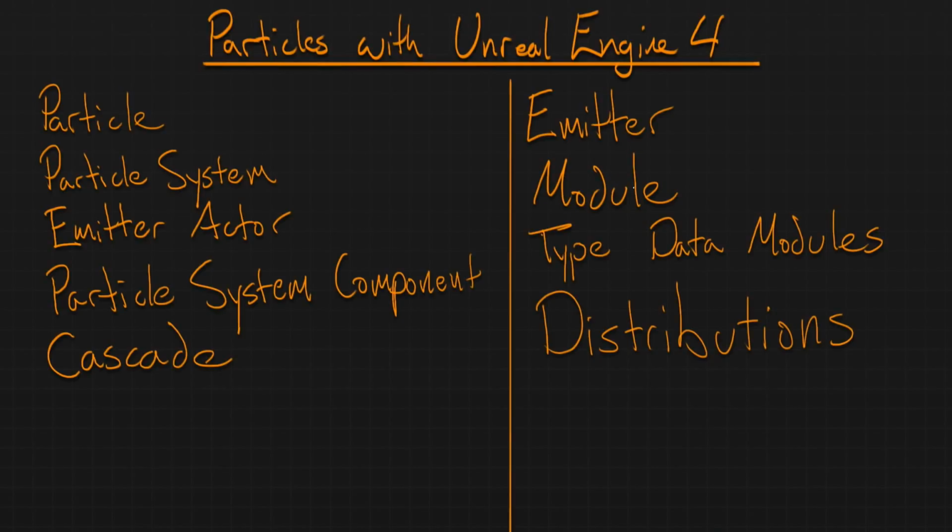So modules go into emitters. Type data modules are special types of modules that control what kind of particle you want to create. Do you want to create a GPU sprite particle? Do you want to create a mesh particle? Do you want to create a beam particle? That sort of thing. And finally, a distribution is a way to handle numbers in a special way.